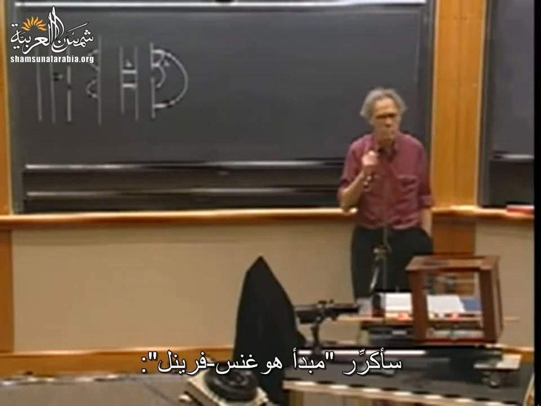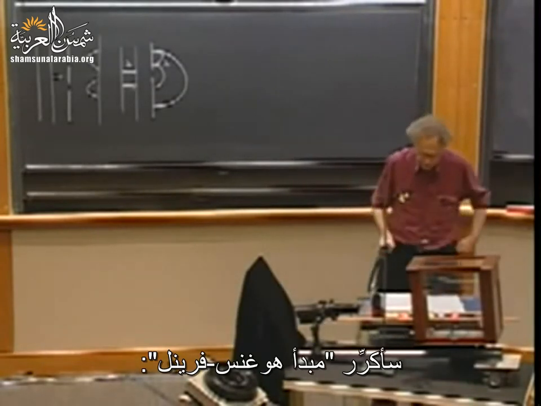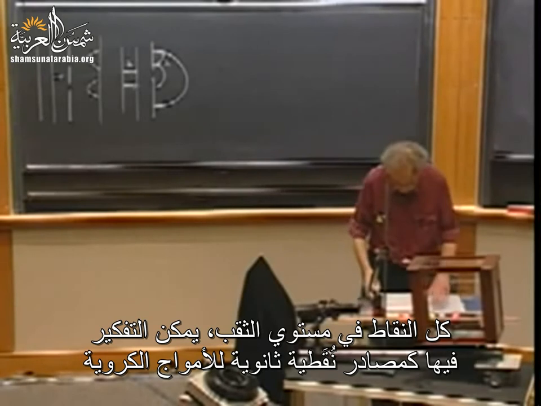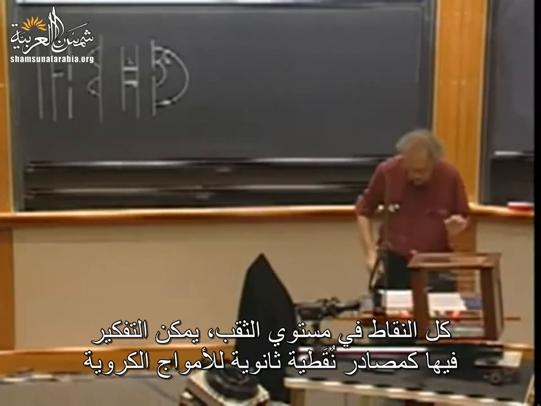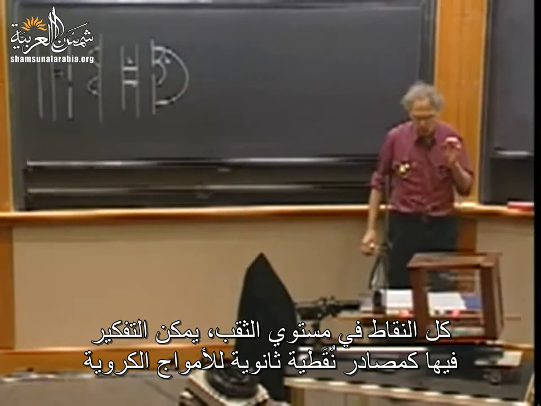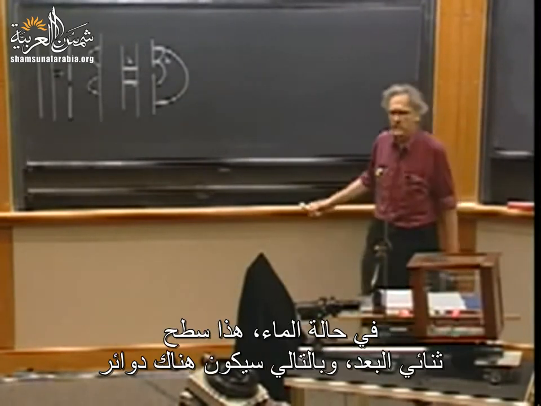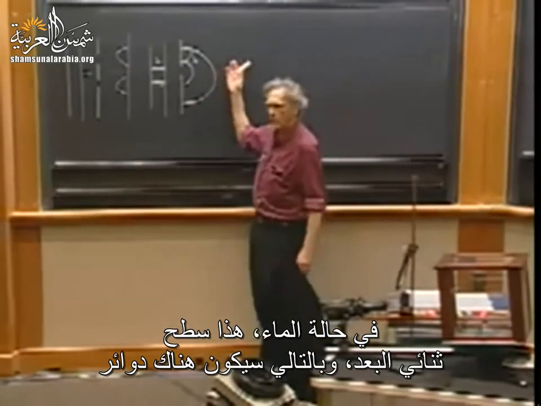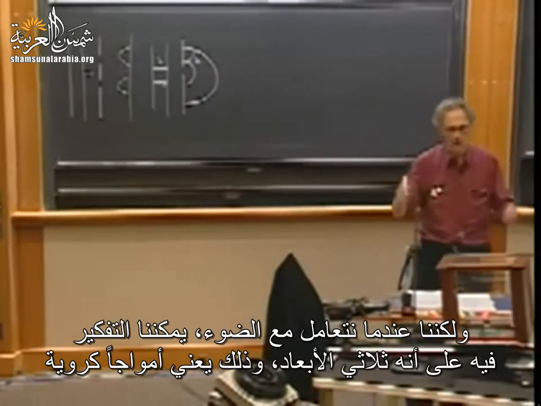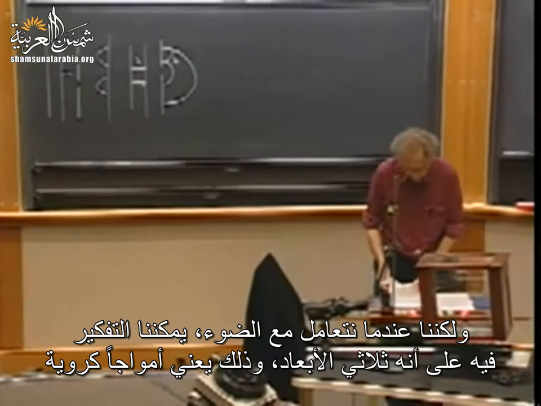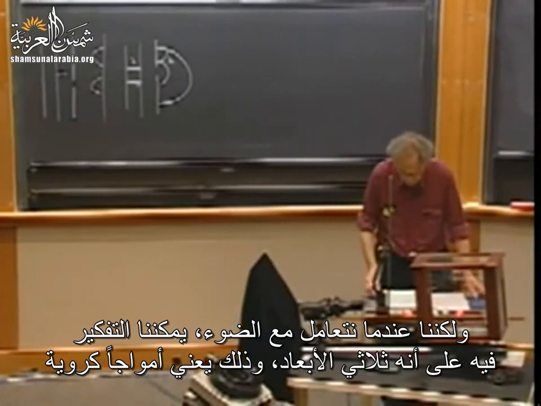And so I will repeat the Huygens-Fresnel principle, which I will need today. All points in the aperture plane may be thought of as secondary point sources of spherical waves. In the case that we had water, this is a two-dimensional surface, they would be circles. But when you deal with light, you can think of them as three-dimensional, that means spherical waves.